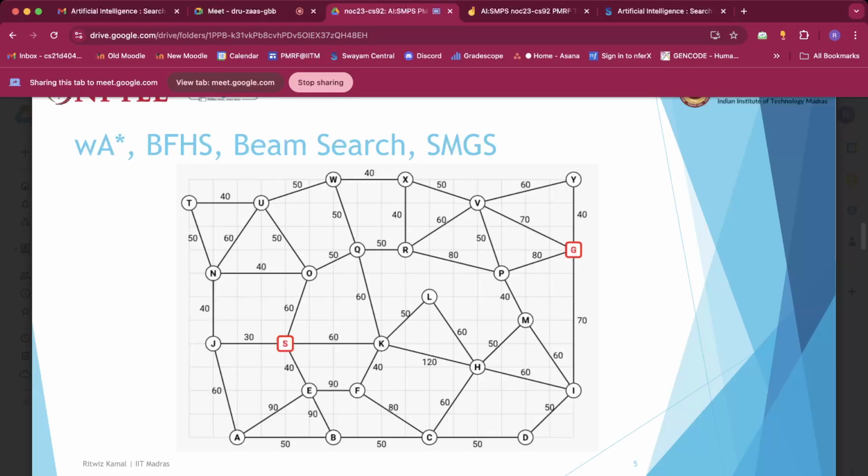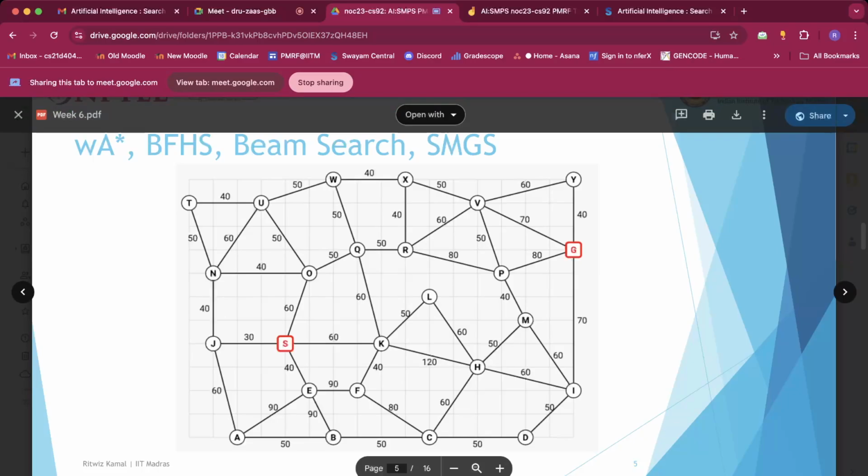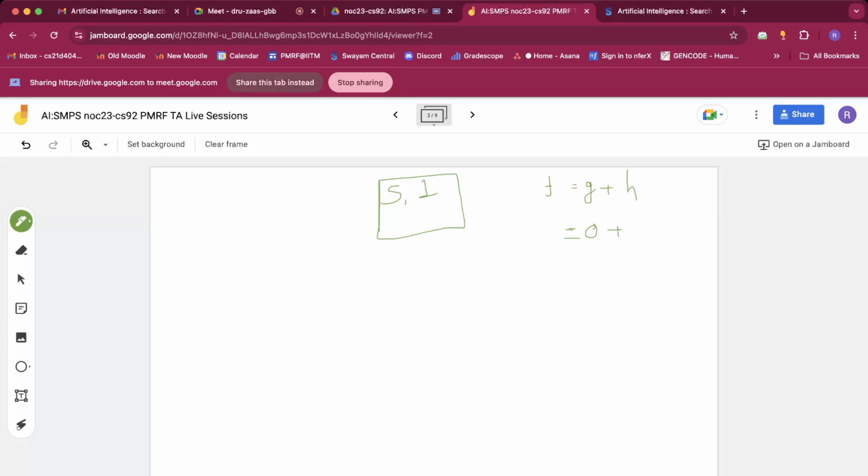So 16 blocks we have to move to go from S to G based on Manhattan distance, and that we are going to multiply by 3, right? Because in WA star we had g plus 3h. So 160 into 3, which will be 0 plus 480. I'm not writing the whole thing down. This would be our first node in the search tree.